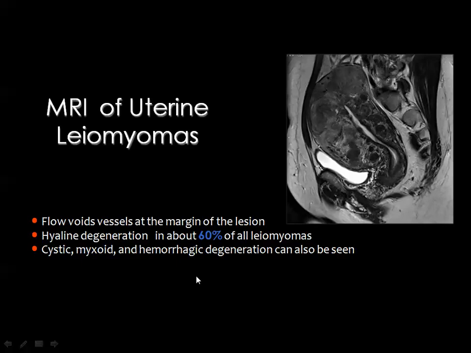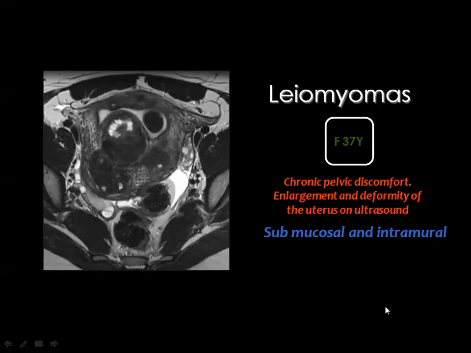A lot of degenerative changes may affect the uterine fibroids, and this will be reflected on the signal of the fibroid mass. You know, the usual signal is dark in the T1 and T2, but if there are cystic changes, it will appear black in the T1 and bright in the T2. If there is hemorrhage, it may appear bright in both T1 and T2 weighted images.